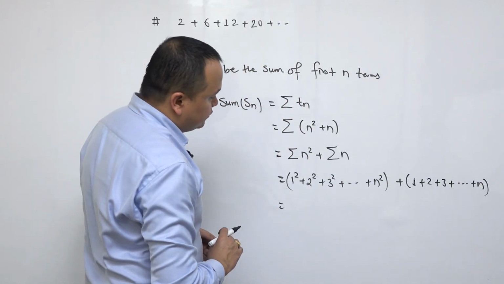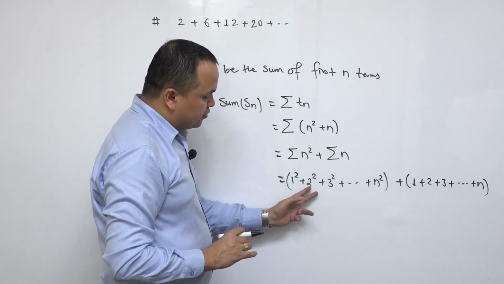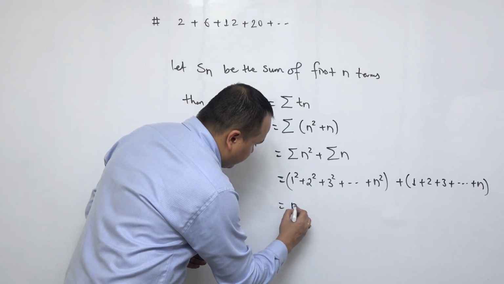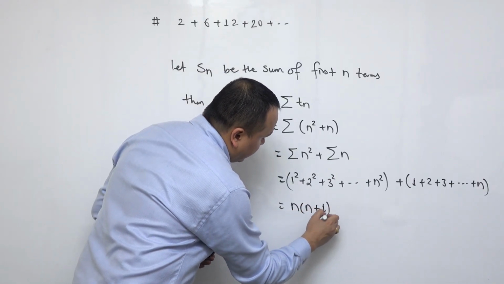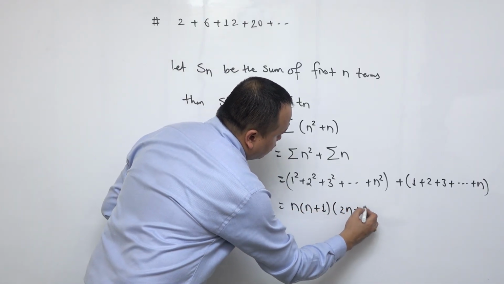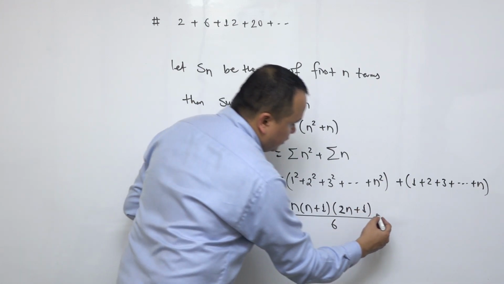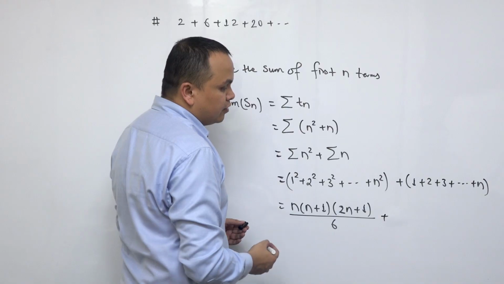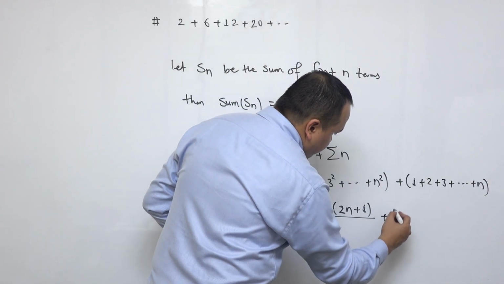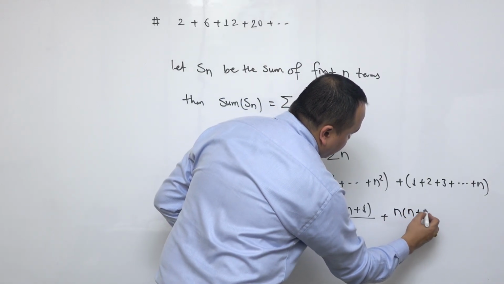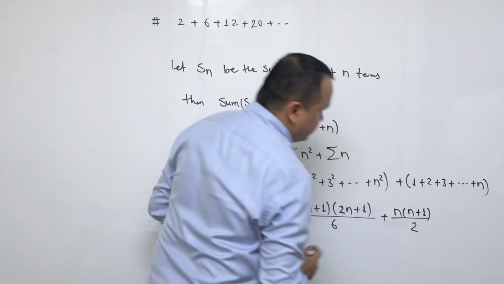We have the formula for the squares of the first n natural numbers, n(n plus 1)(2n plus 1) divided by 6, plus the sum of the first n natural numbers, for which we have the formula n(n plus 1) divided by 2.